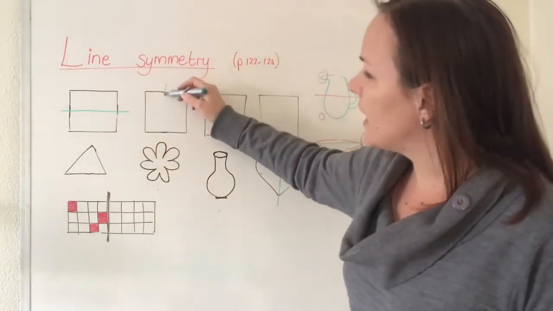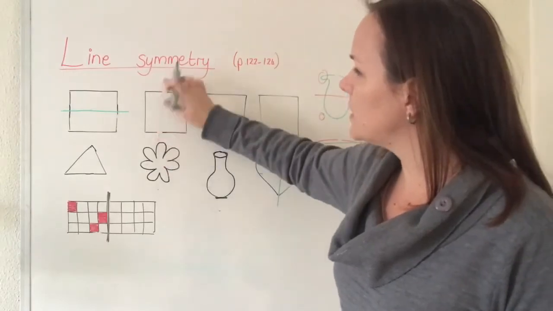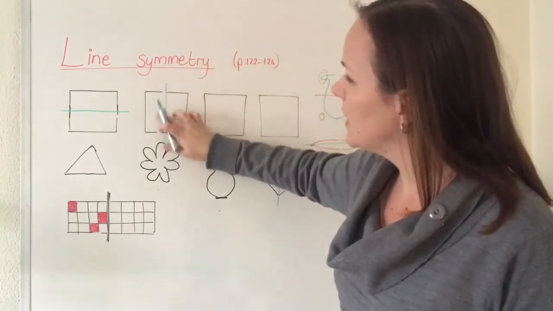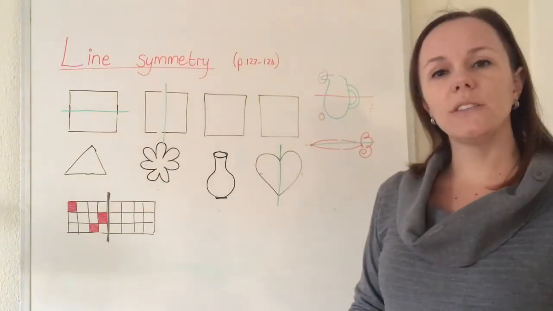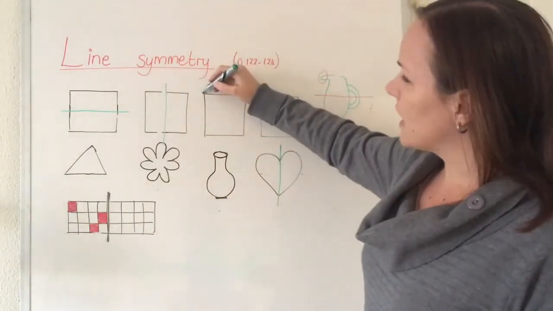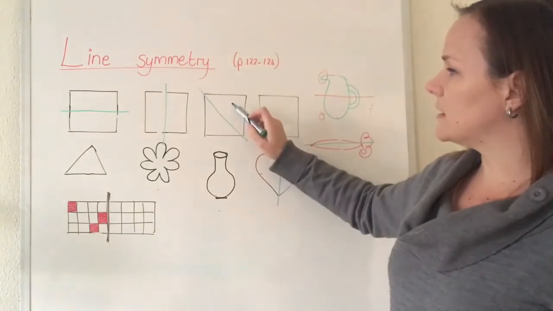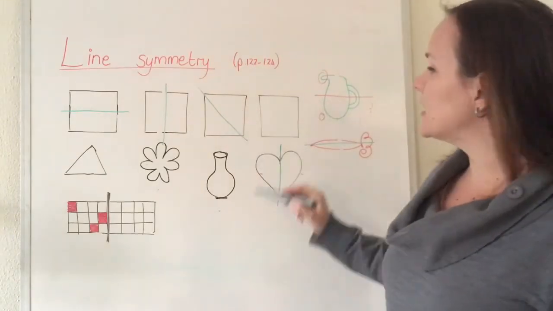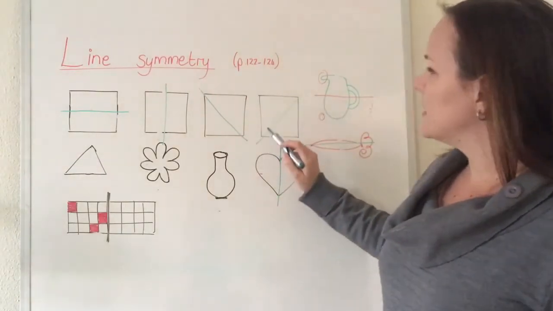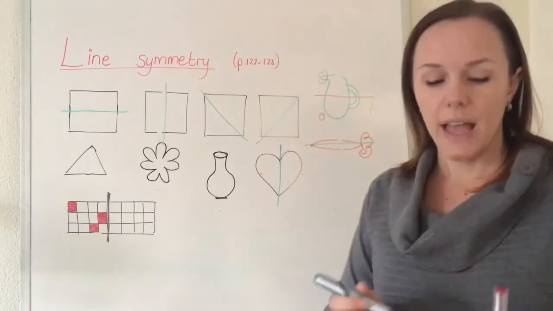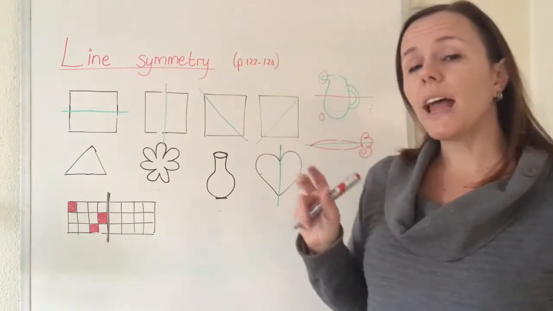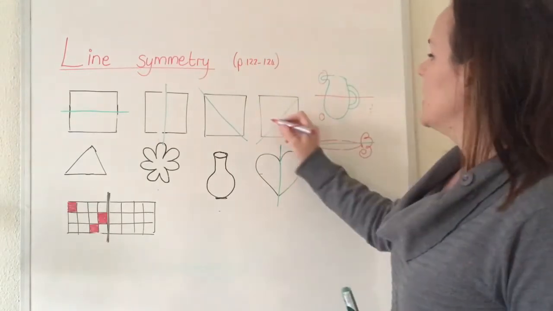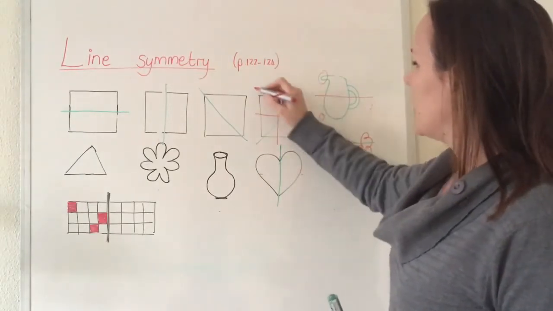But if I draw the line down like that, oopsie, not so skew, just use a ruler when you do it, then left looks the same as right. If I draw it diagonally like that, this side looks the same as that side. Diagonally like that, this side looks the same as that side. So a square, for example, can have 4 lines of symmetry. Let me draw all of them in here.